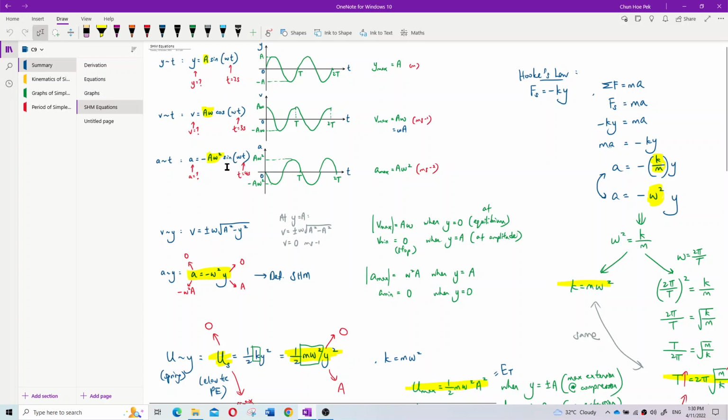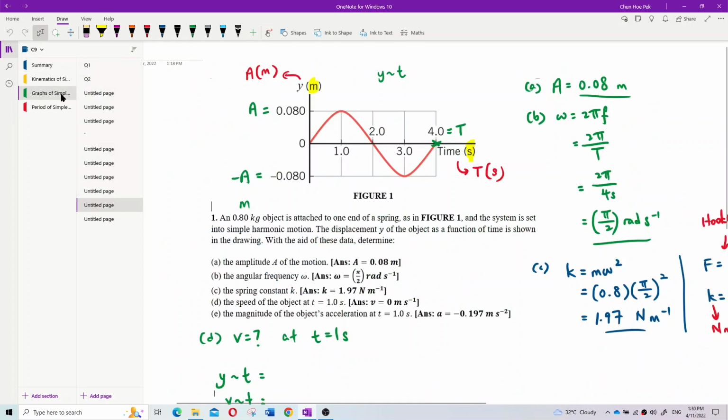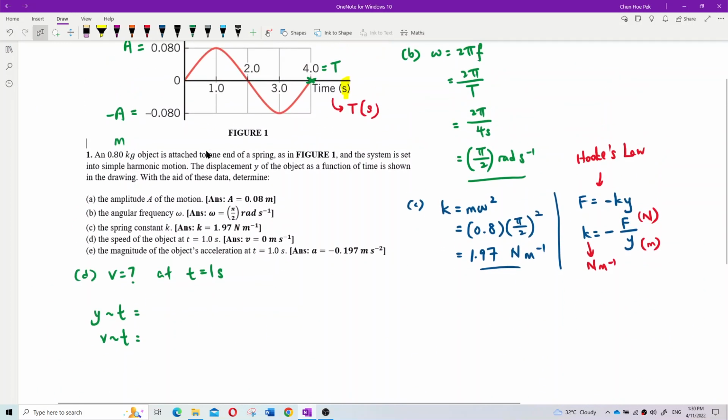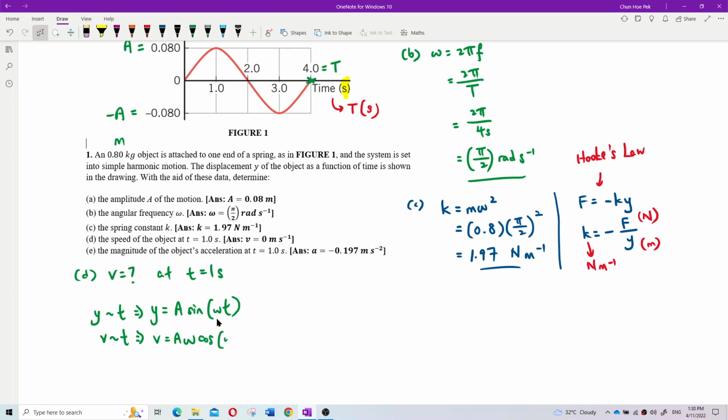Use these formulas. Rewrite them: y equals a sine omega t, and the velocity-time equation is a omega cos omega t.